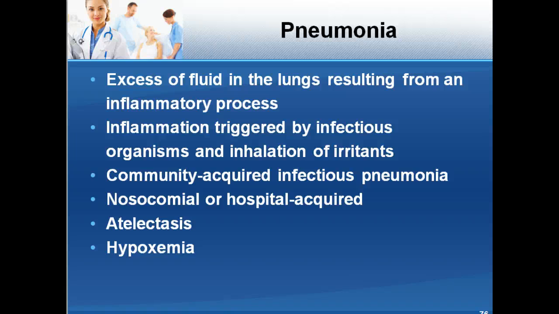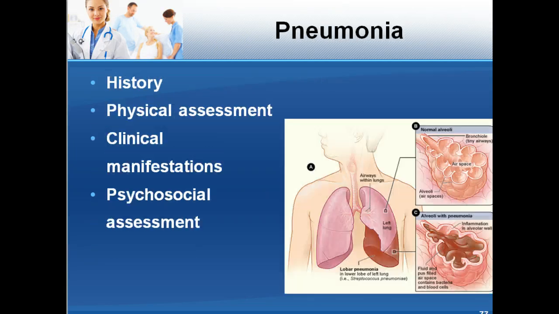Sometimes it could be nosocomial or hospital acquired. I mean, who knows where or how it came from. It can come from various things, but the main thing is to take it very seriously when a person has pneumonia.